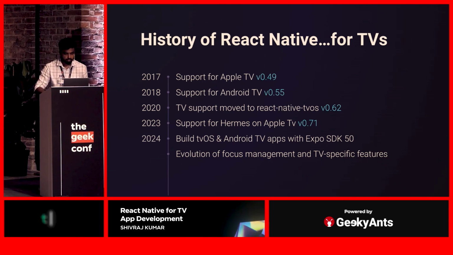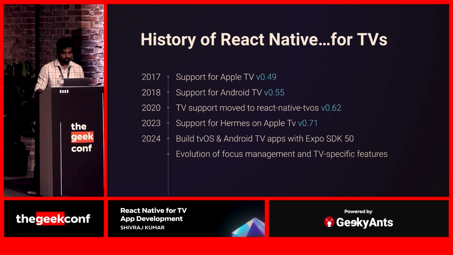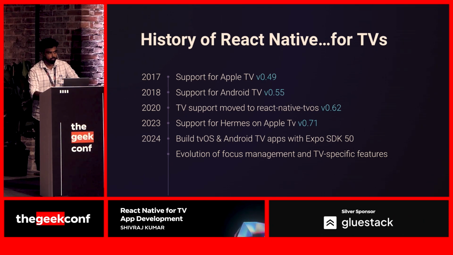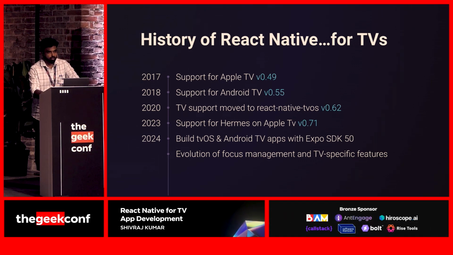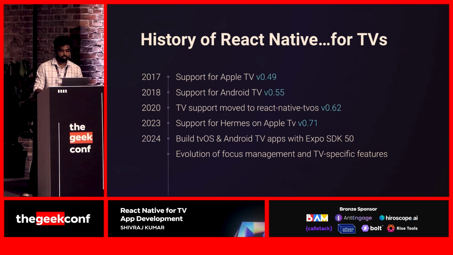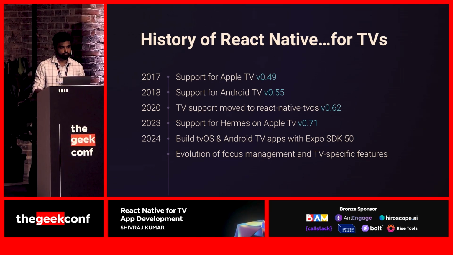Then just last year, in 2023, Hermes on Apple was introduced. Just this year, Expo SDK started supporting TV app development. So with Expo SDK we can now build for TV, web, and mobile. Throughout this time we have seen changes, not significant, but changes to the TV-specific features of React Native.